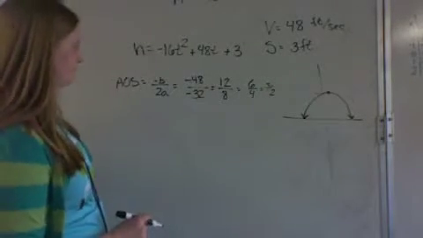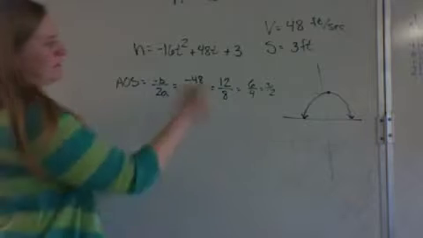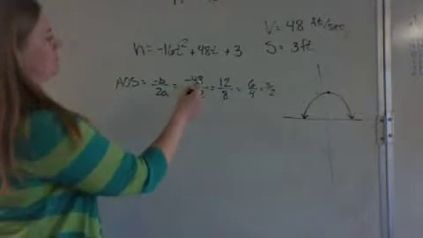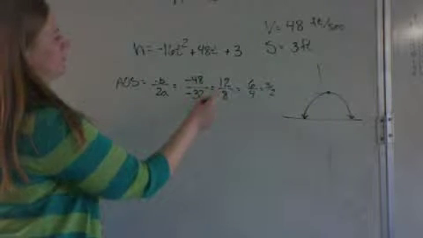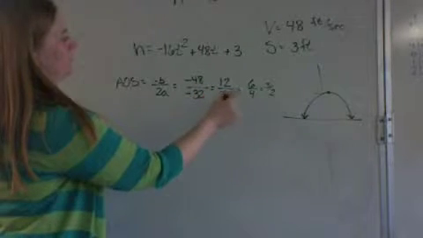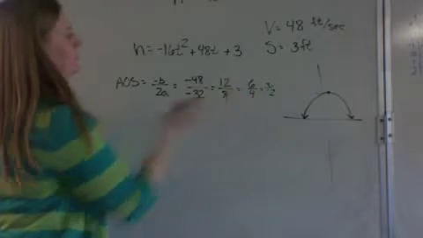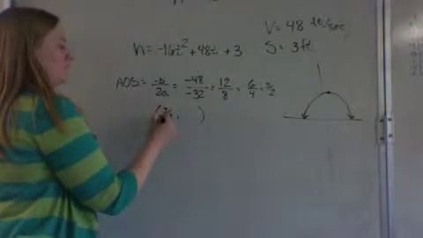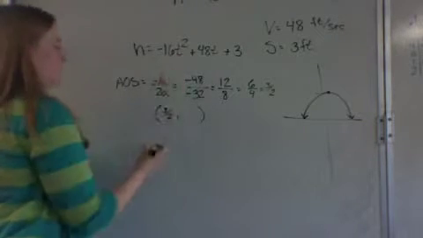Okay. So the axis of symmetry is 3 halves. Then we need to figure out what the y value is. So we're going to plug this in up there.